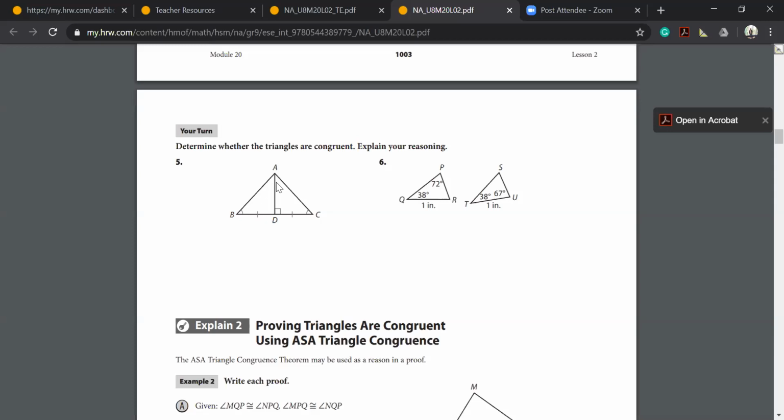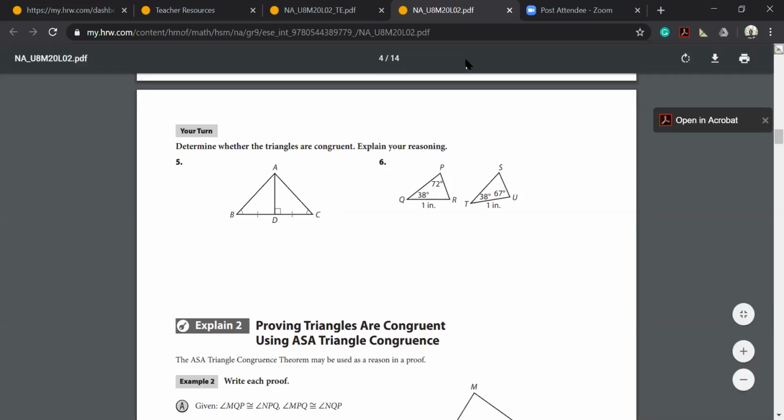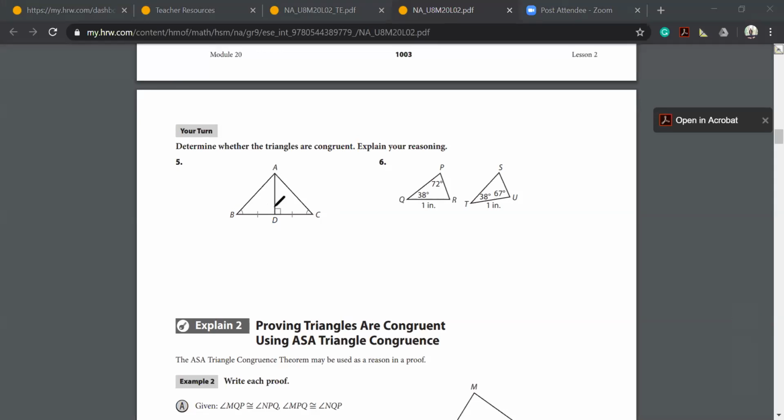We have two lines intersecting, and this line is perpendicular to BC and bisecting BC. So this is a perpendicular bisector, right? And this is 90. So according to our theorems of the perpendicular and the 90 degrees, this angle is also 90. So these two angles are 90.